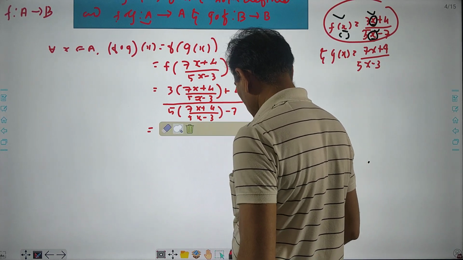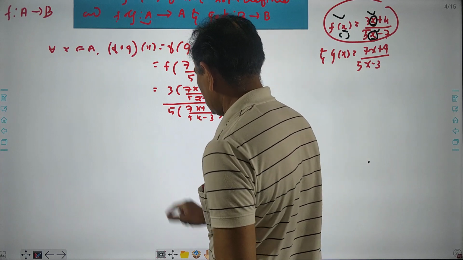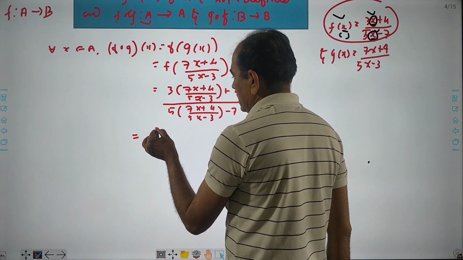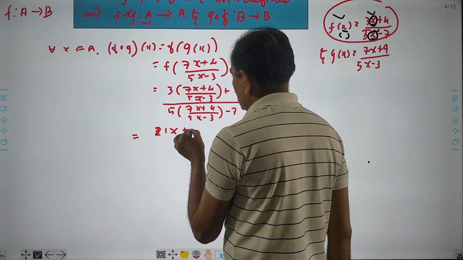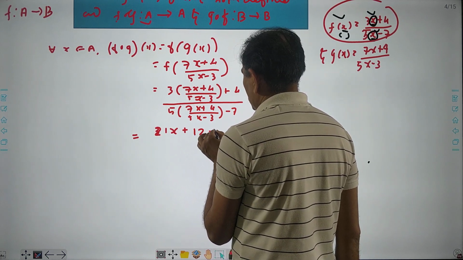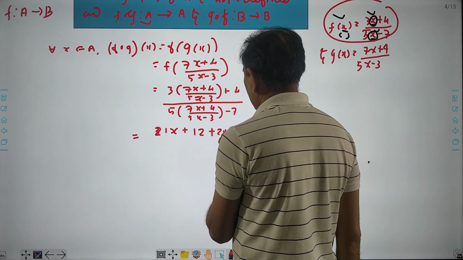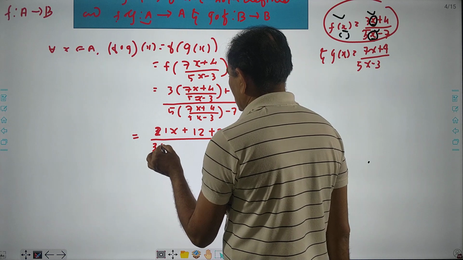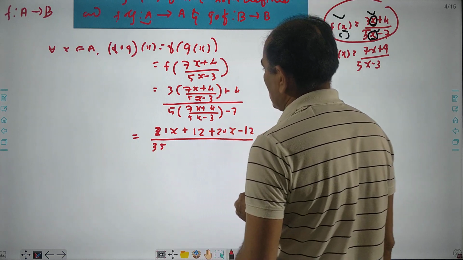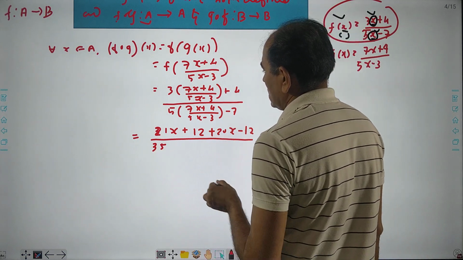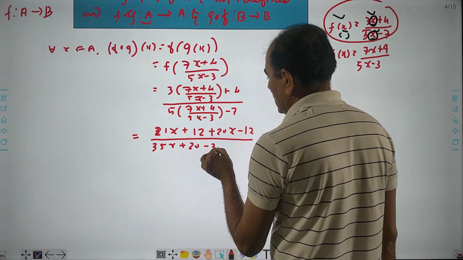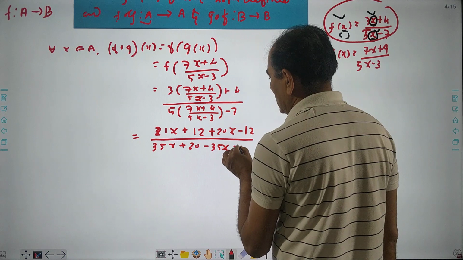Clear? See here. So that is equal to 21x plus 12 plus 20x minus 12 over 35x plus 20 minus 35x plus 21.